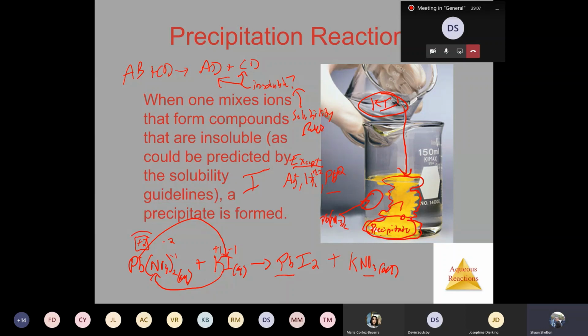I look back at the beginning, and the charge of Pb is +2. That means this compound is insoluble, so it's going to be your precipitate here. So PbI2 is the precipitate. This yellow compound that we see in solution here is PbI2.